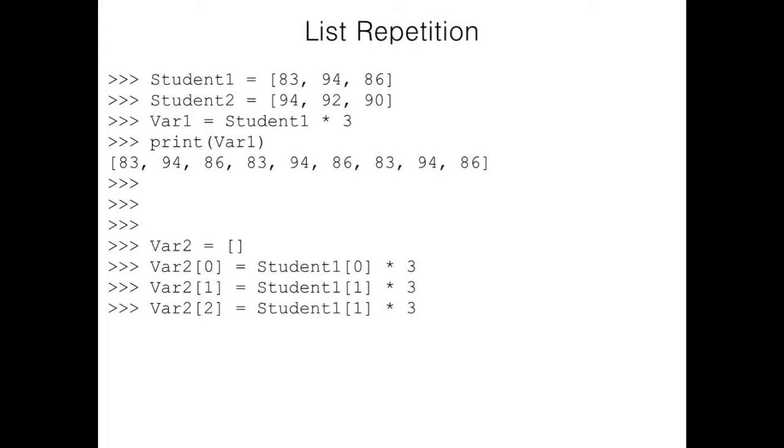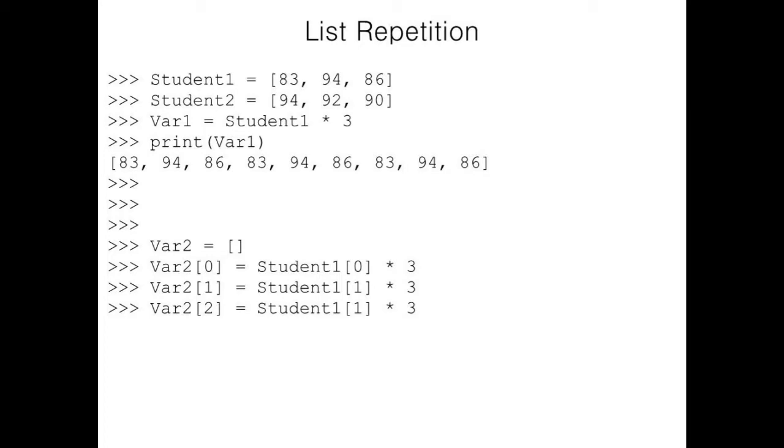Similarly, the multiplication sign in list means repeating the list rather than multiplying the value of the individual item in the list. So in this example, we have a list called var1, and this value equals student1 times 3. So the result of that is you're basically duplicating the list 3 times.